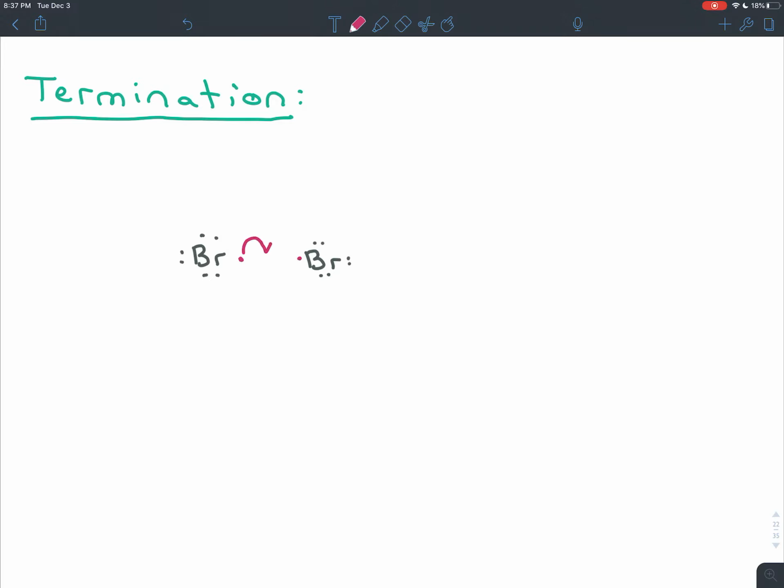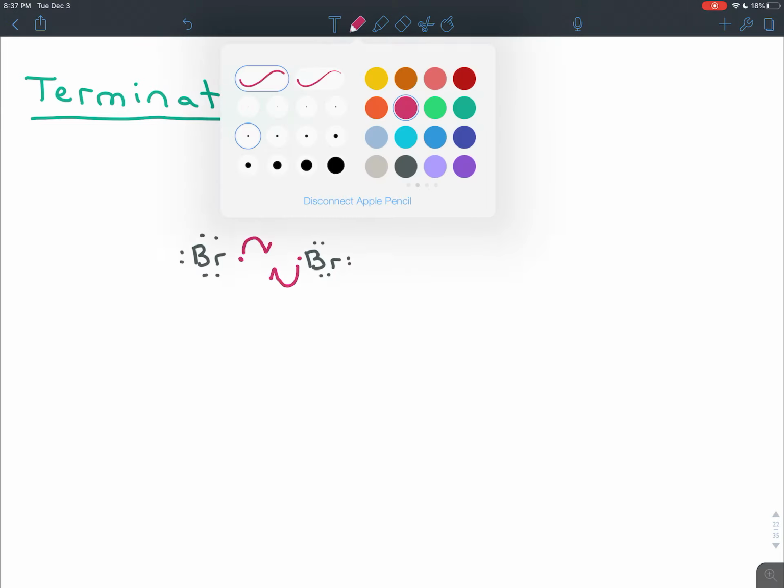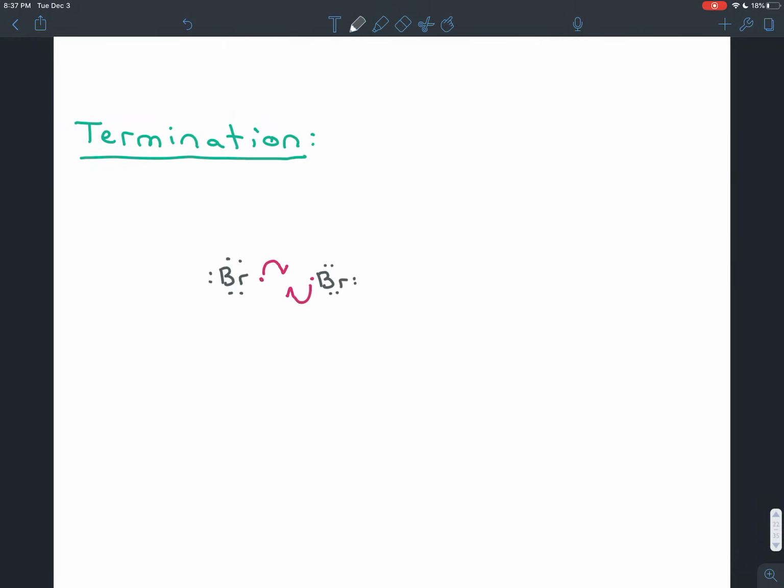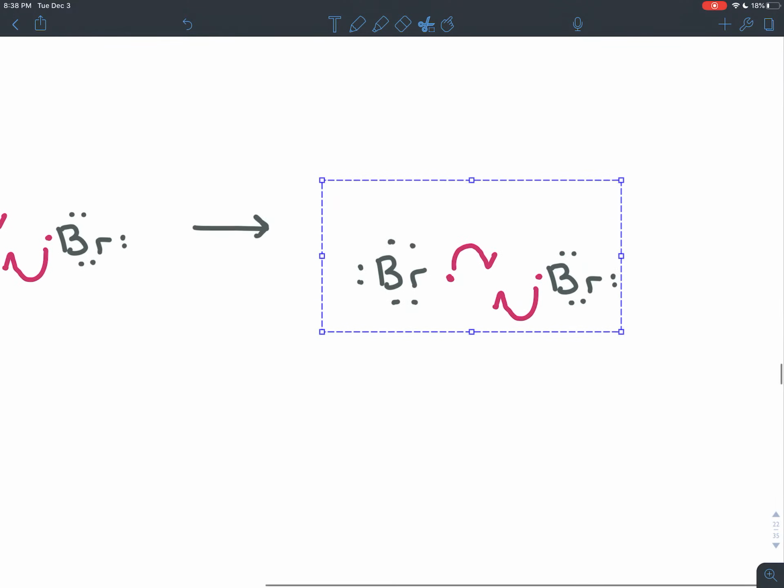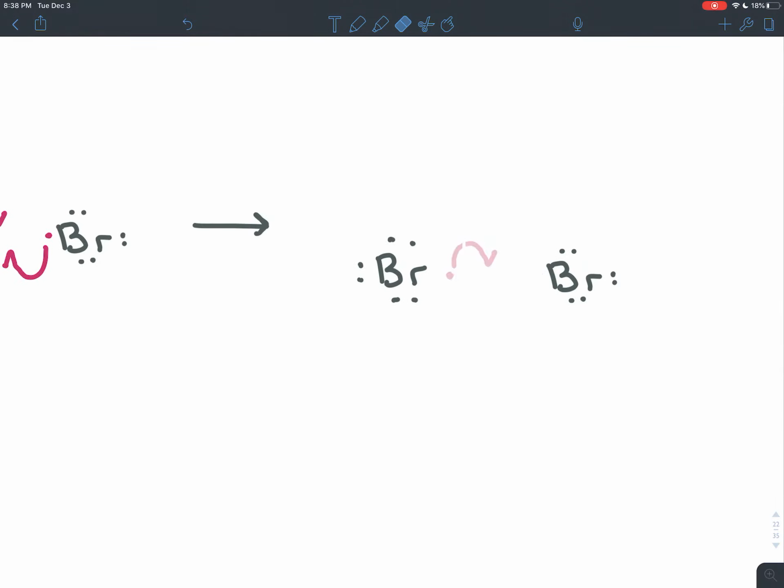One of the bromine radicals donates 1 electron, the other bromine radical donates another electron, and so you have a coupling step in this termination. So you have the 2 bromines that were radicals bonding to each other.